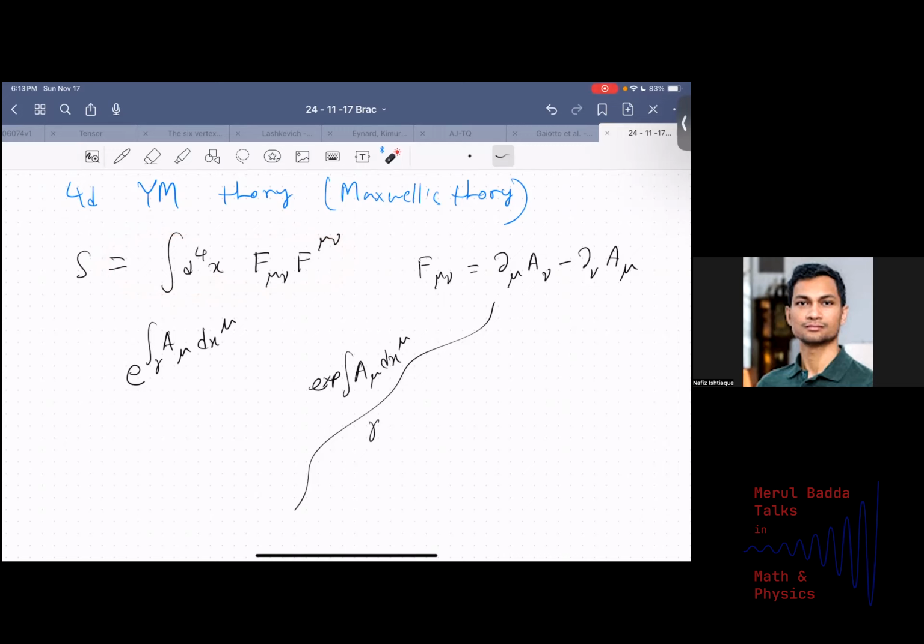In other words, sometimes people call it a heavy particle. It's so heavy that it is not moved by the moving around of other particles. It's infinitely heavy, similar to how you treat the sun when you're solving Kepler's problem, right? You are simply solving for the trajectory of planets around the sun. You are not trying to figure out how the sun deviates because of the gravitational field of the planet, because the sun is heavy.